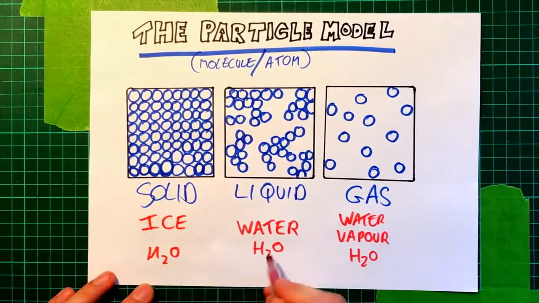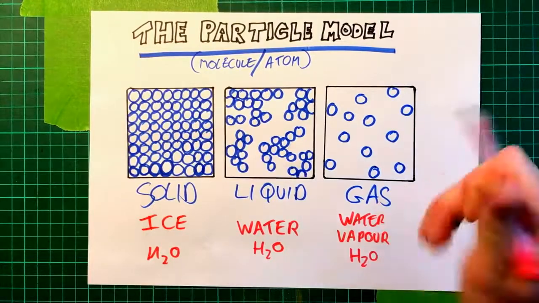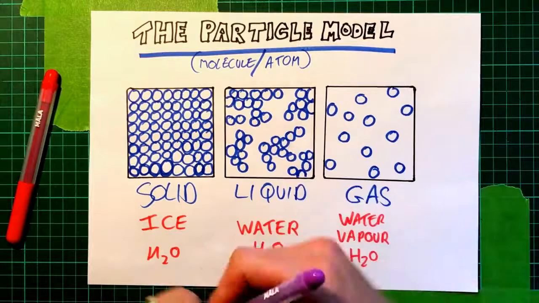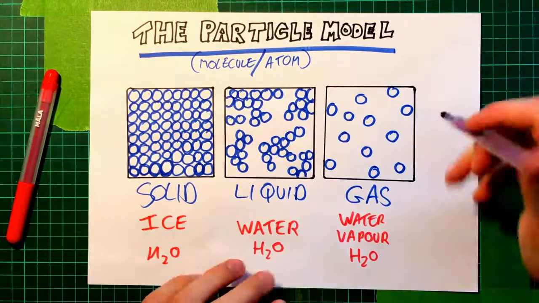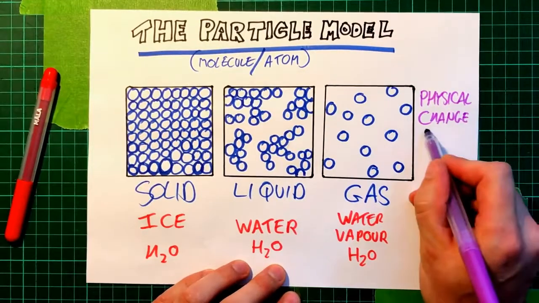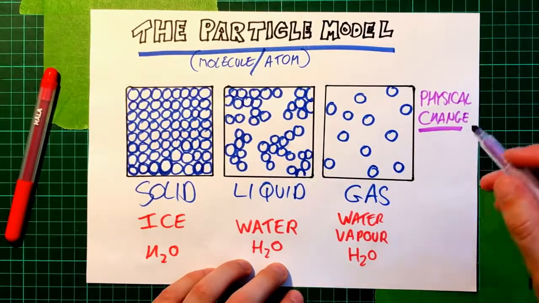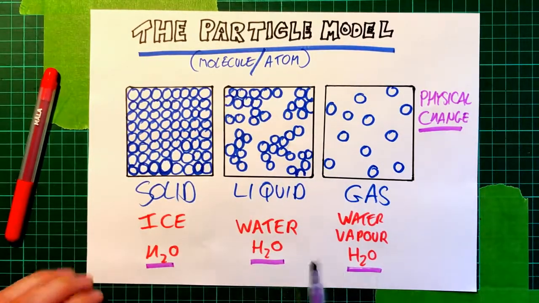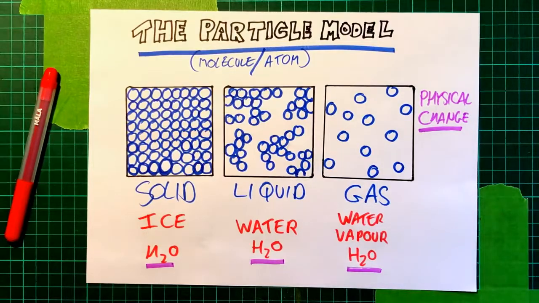The fact that the chemical composition is the same all the way through means that what we're talking about here is a physical change. In another video, we'll talk about physical changes and chemical changes, but this is not a chemical change because we have the same chemical composition all the way through.